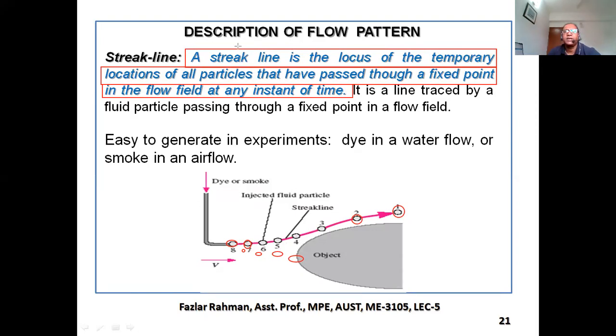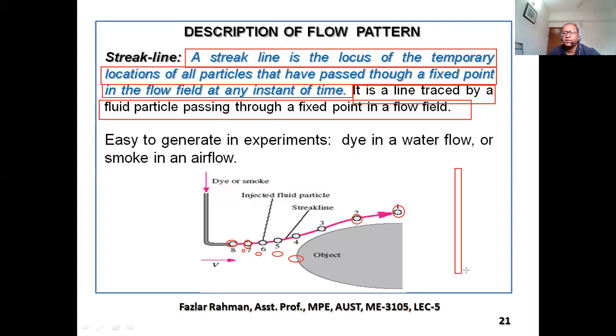Or you can say it is a line traced by a fluid particle passing through a fixed point in the flow field. Usually you can easily observe this. Say there is a vertical wall, and you have a window or door in the balcony.